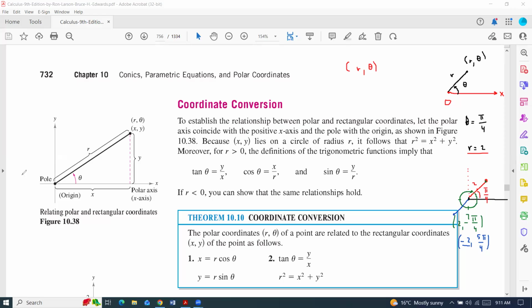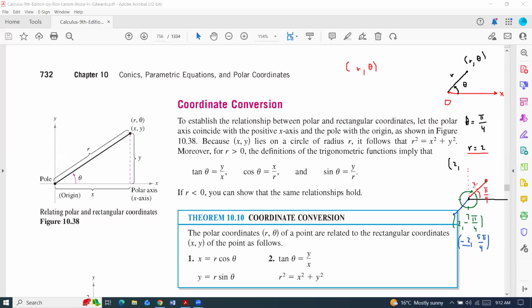In fact, there are infinitely many of them, because you could go with positive 2 and then add a full period: pi over 4 plus 2 pi, or plus 4 pi, or plus 6 pi, any even number of pi's. Or you could go in the negative direction, just like we did here.